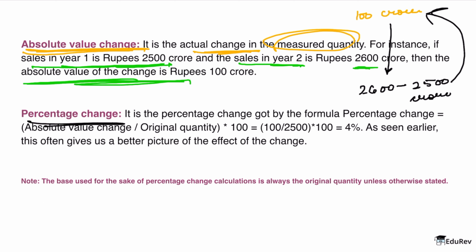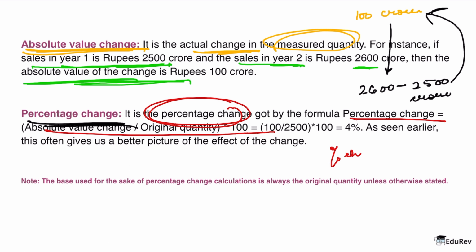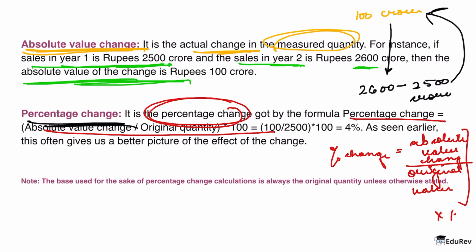Now what's going to be your percentage value change? The percentage change is got by the formula. I'm going to write this formula again because I think you people can't see it. Percentage change is going to be the absolute value change over the original value, and this whole multiplied by 100.